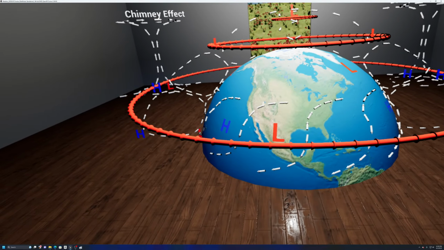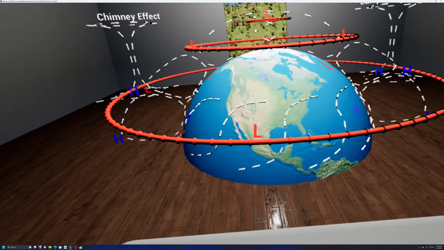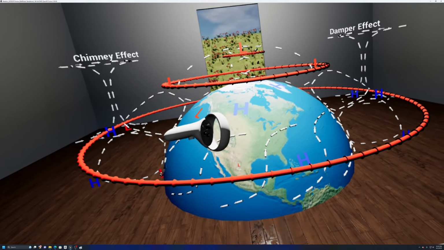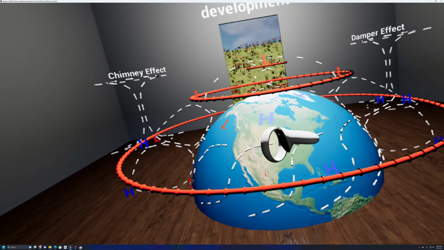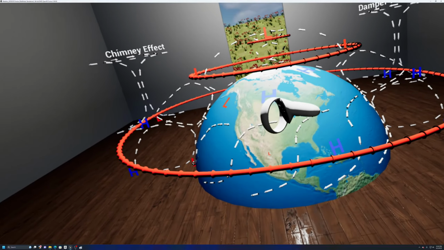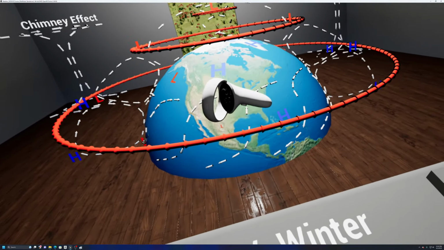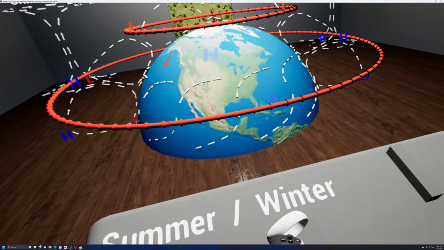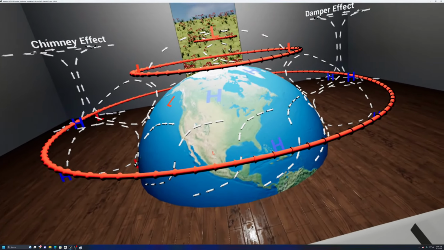And as we move this, those will shift, and then we'll have the Aleutian low come on over here, and then the Canadian high gets stronger because it's winter, it likes the cold, and then the North American low gets weaker because it doesn't like the cold, it wants to be warm.